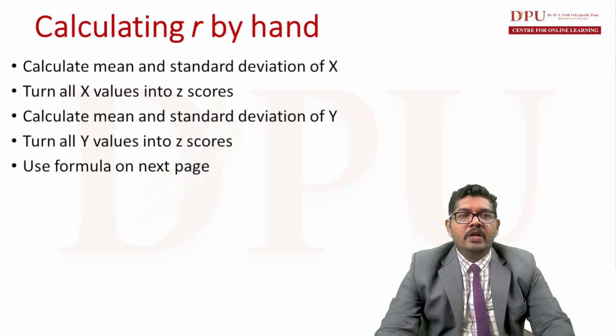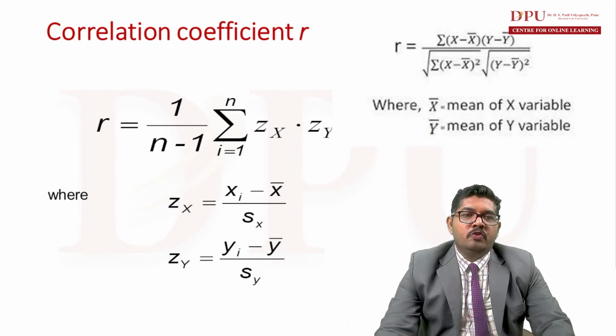We calculate the mean and standard deviation, then turn all X values into Z scores, calculate mean and standard deviation of Y, turn all Y values into Z scores, and use the formula on the next page.